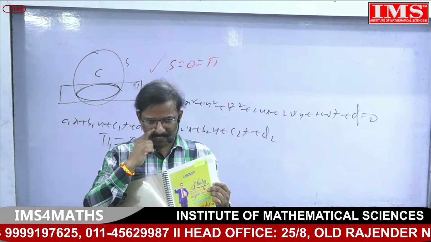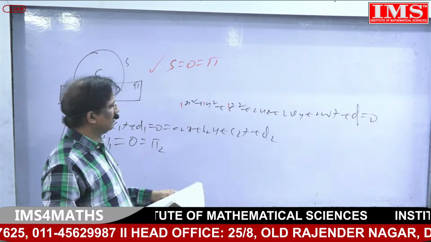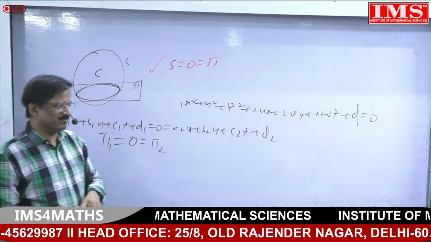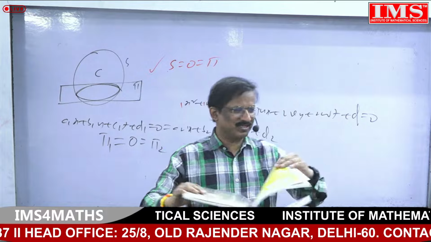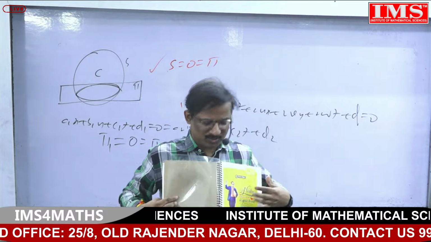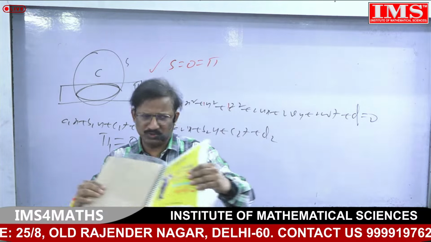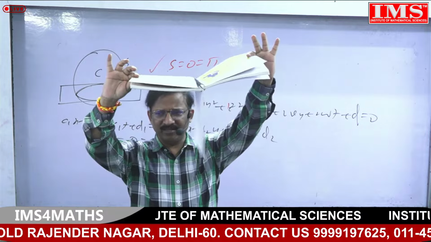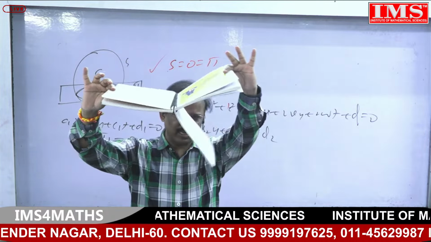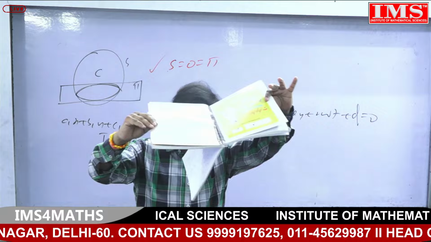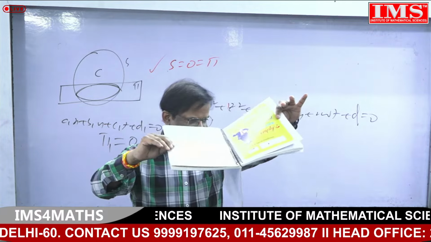Through the line of intersection of the two planes, I can have infinitely many planes. But this plane I can clear by passing through a point or in association with some other condition.